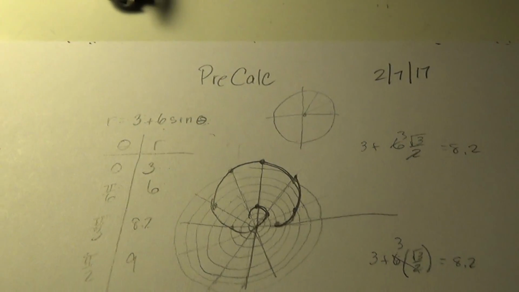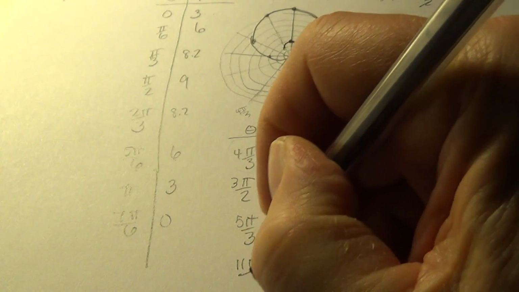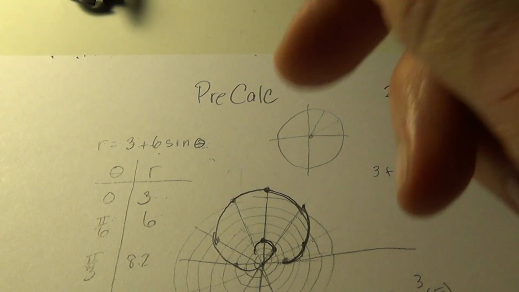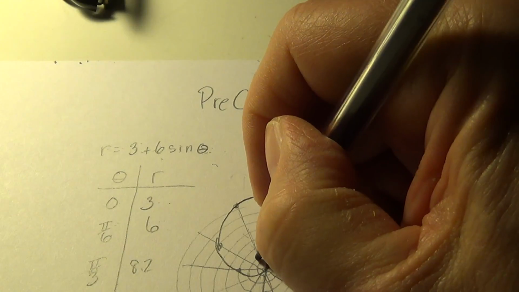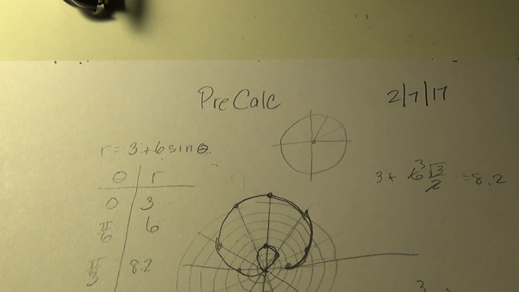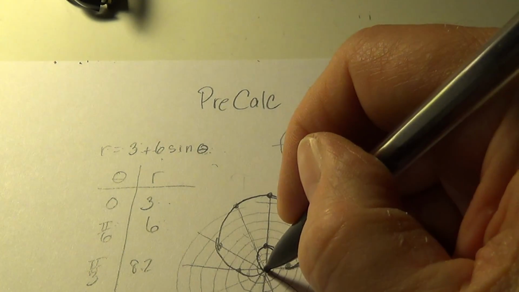And when I put in 11 pi over 6, I get 0. So 11 pi over 6 is right there. I get 0, so I'll connect there. And if I go back to 2 pi, it's the same as 0, and I'll get 3 again. So I've got to get from here to 3.